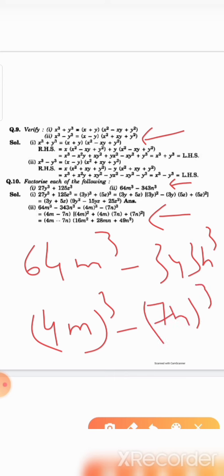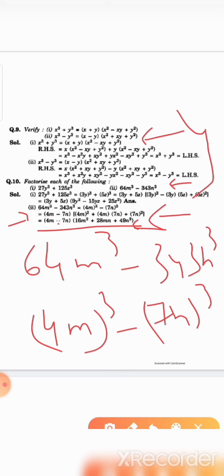For a cube minus b cube, we write the step: a minus b means 4m minus 7n, multiplied by (4m) whole square plus 4m into 7n plus (7n) whole square, and squaring the terms lastly we get the factor (4m minus 7n) into (16m square plus 28mn plus 49n square).